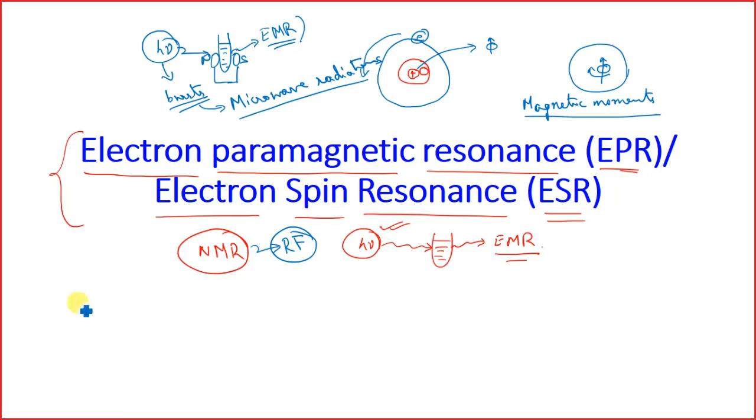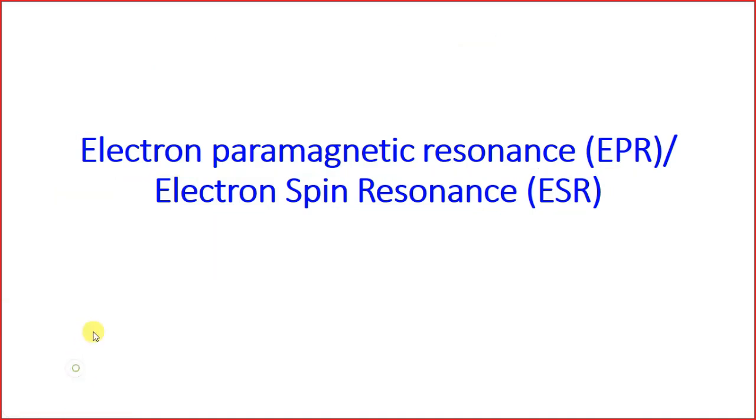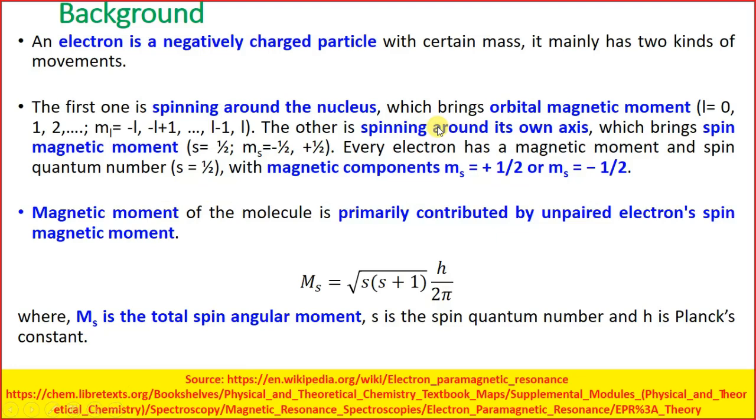With this basics, I would move forward, and the rest of the principles are similar to those of NMR. So the electron is a negatively charged particle, we all know, and it has a mass. It mainly consists of two kinds of movements.